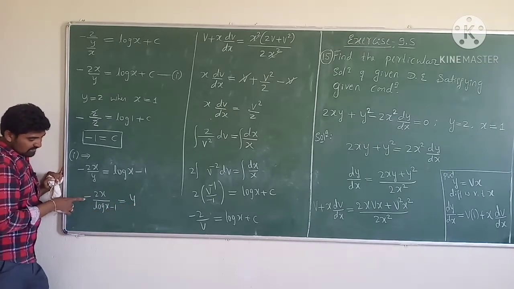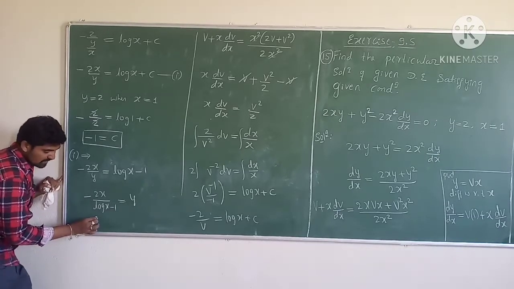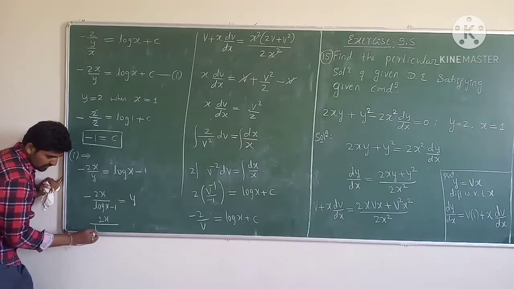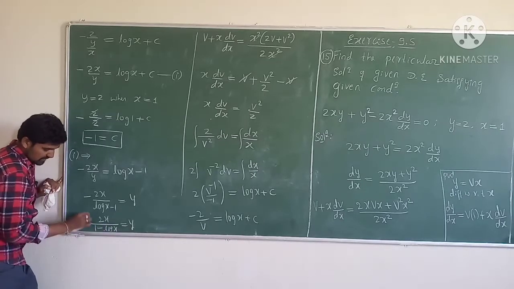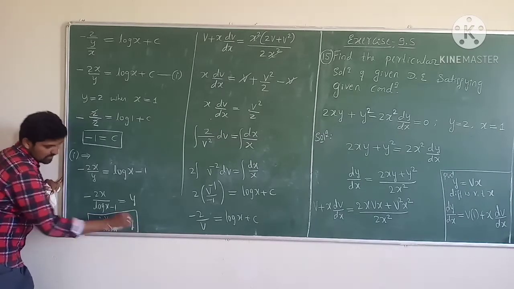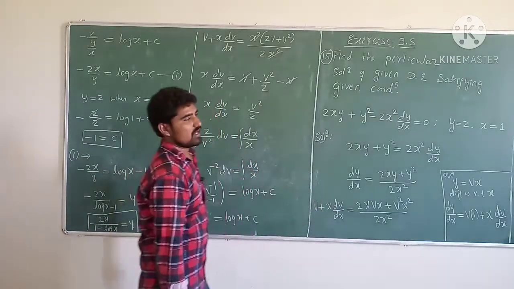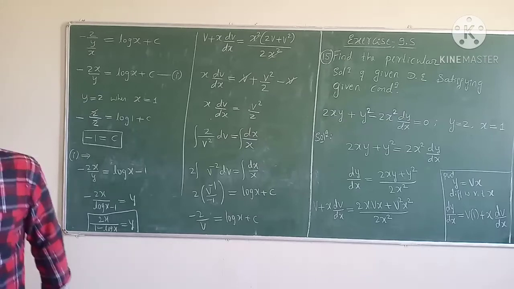On multiplying this minus into log x minus 1, it becomes 1 minus log x. So 2x divided by 1 minus log x is equal to y. And this is the required particular solution for the given differential equation. I hope all of you understood. If possible, take a note.